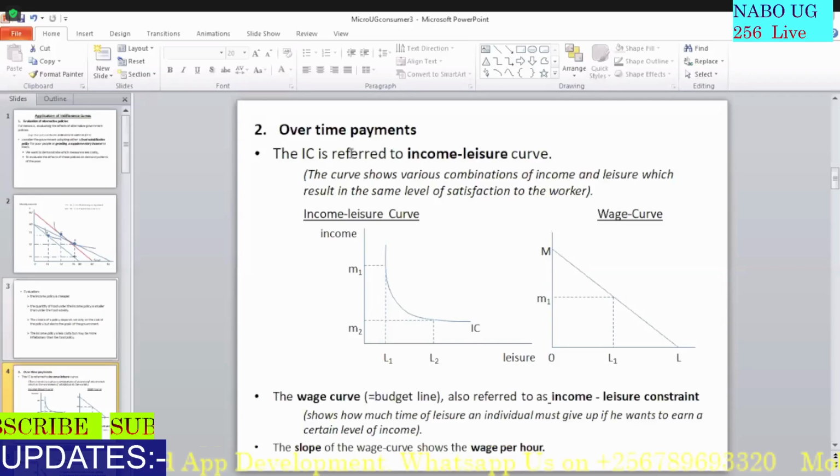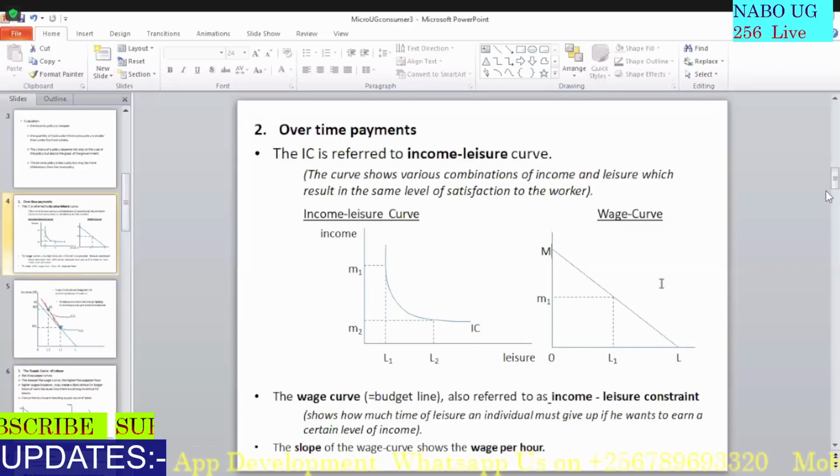Like for instance, this is the leisure hours, so this is the leisure axis. I said that OL here is equivalent to 24 hours. So if the individual works 24 hours, he will earn OM income, this one, where my cursor is. You have to look at my cursor.